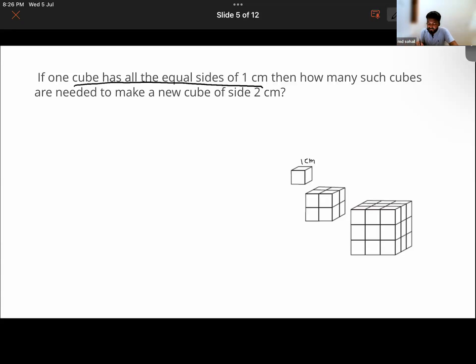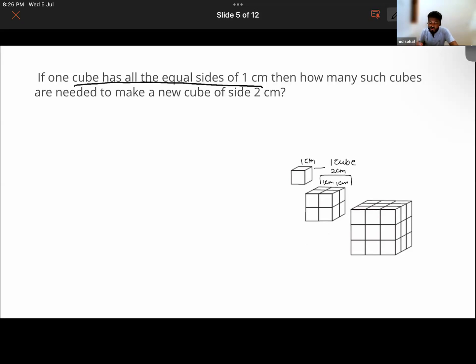Here I had only one cube. Now how many cubes do I need to make a new cube in which the side is 2 centimeter? See the next figure here. 1 centimeter and again 1 centimeter. So I am getting 2 centimeter here, isn't it?